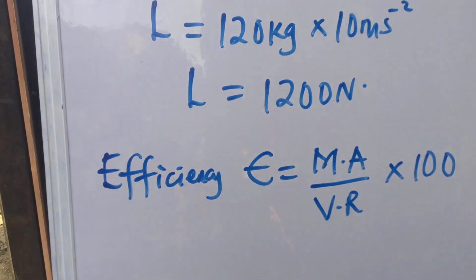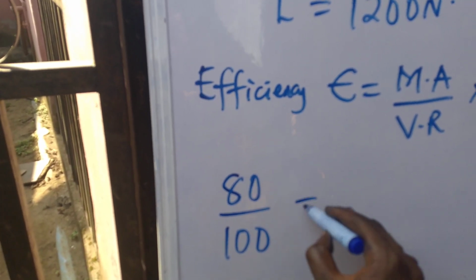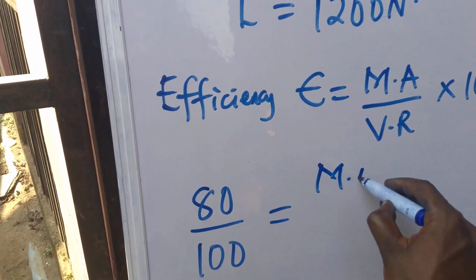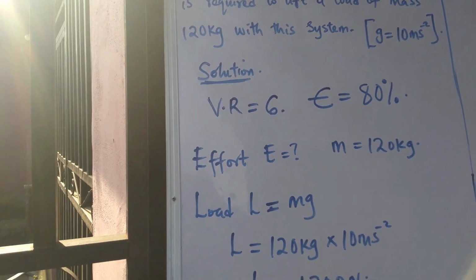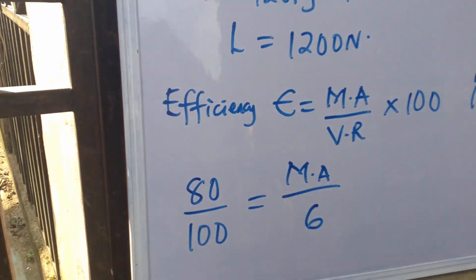When you convert it to a fraction, 80 over 100 is equal to the mechanical advantage, which is unknown, over the velocity ratio. And we are told that the velocity ratio is 6, so I'll place it there. I can then cross multiply.